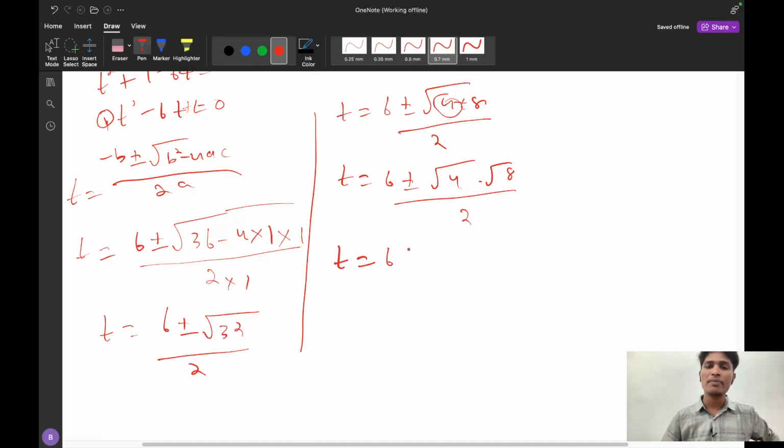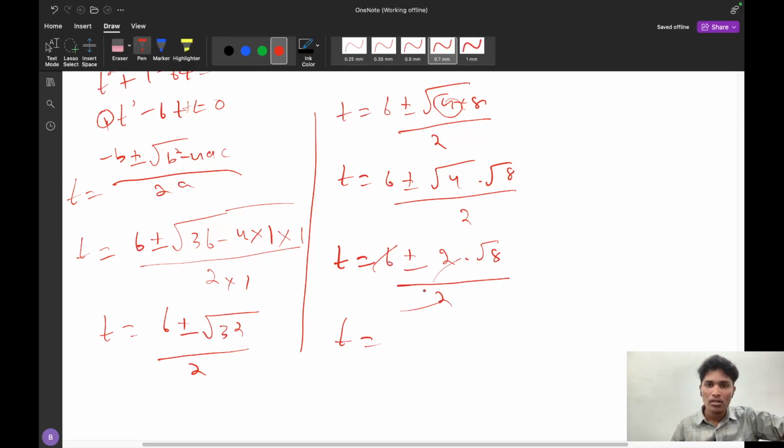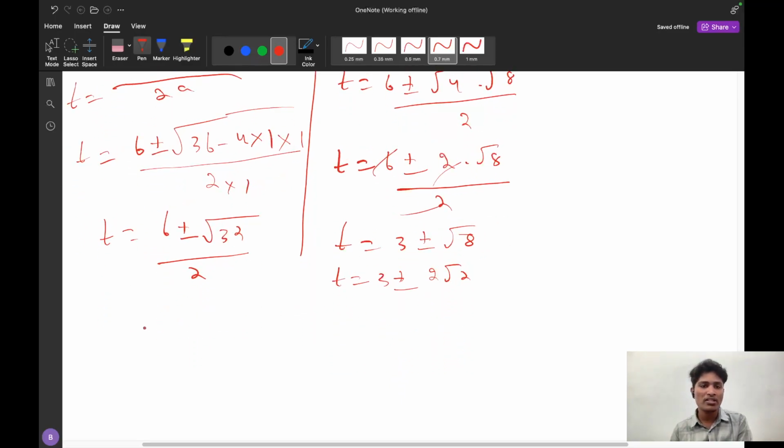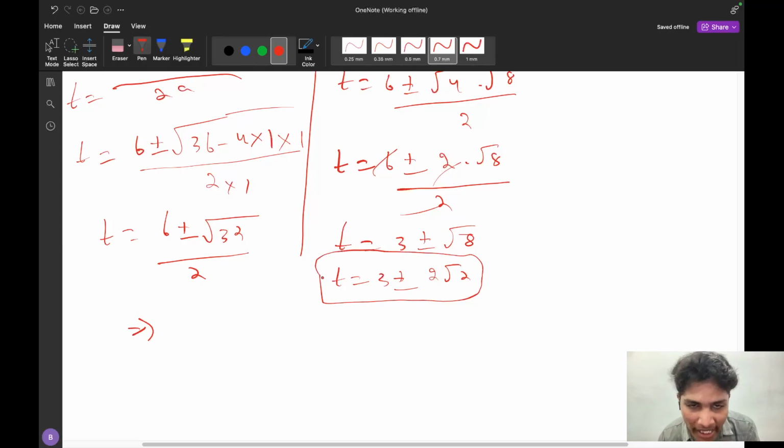What is root 4? Root 4 is 2, into root 8, by 2. I can cancel, and I get 3 plus or minus root 8. And root 8 can be written as 4 into 2 again, so it is 2 root 2. So these are the values. t is equal to 3 plus or minus 2 root 2 is the value of t.